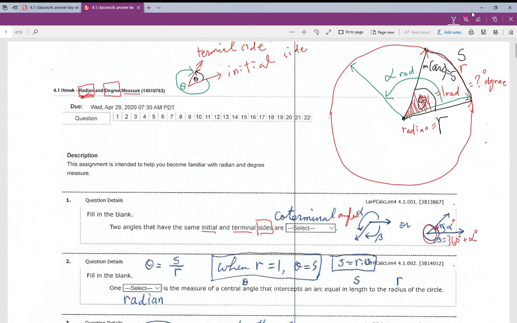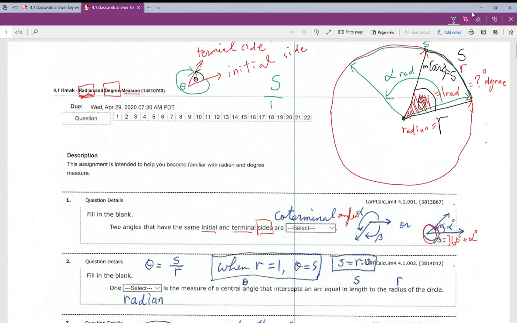It depends on how big the opening is. If the arc is S, then how do you know the angle is how many radian? The formula will be like this: S divided by R. For every one R, you have 1 radian.